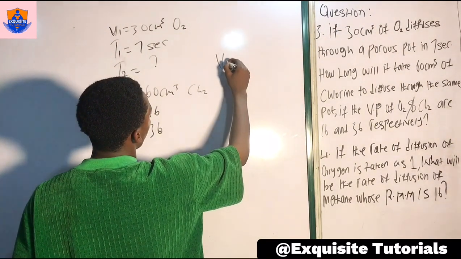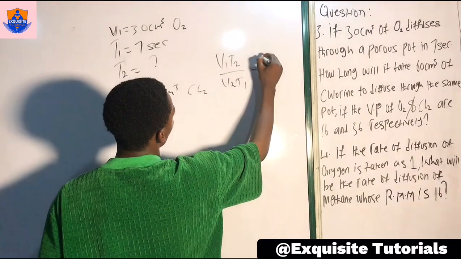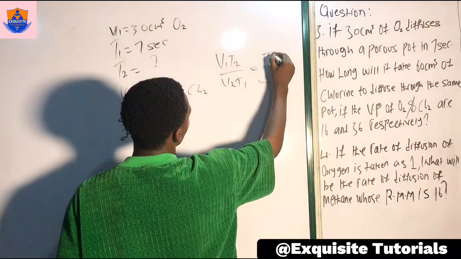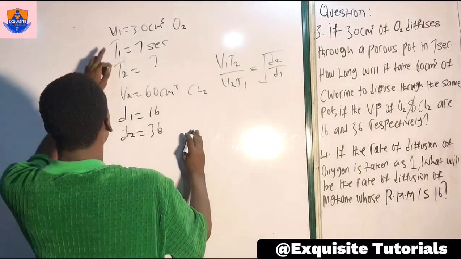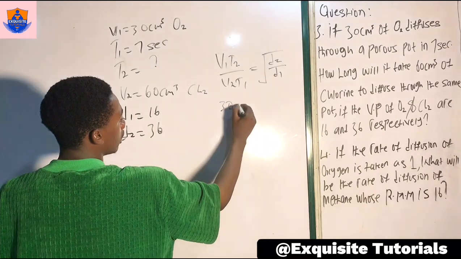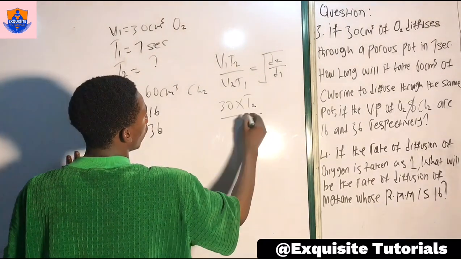V1 T2 over V2 T1 is equal to root D2 over D1. So now let's go. V1 is 30 times T2, T2 is unknown.